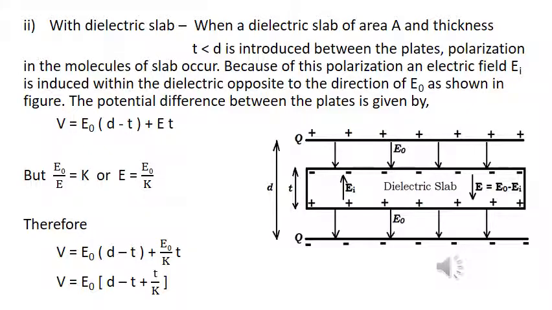Now we know that the dielectric constant K is the ratio of E naught to E, or we can write E is equal to E naught by K.